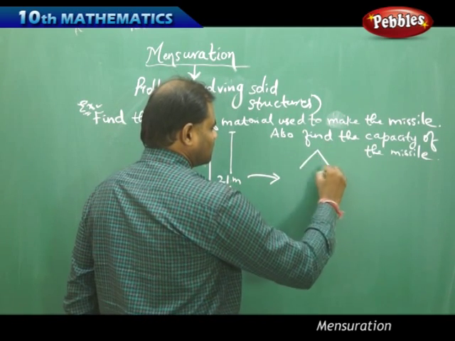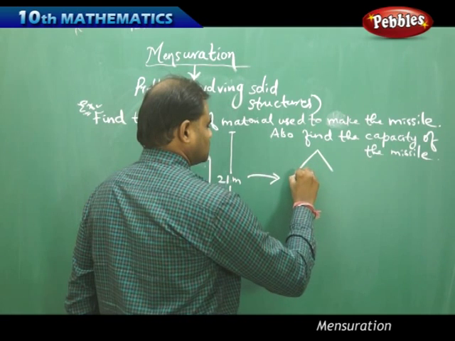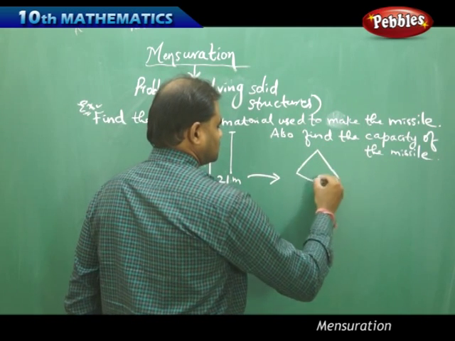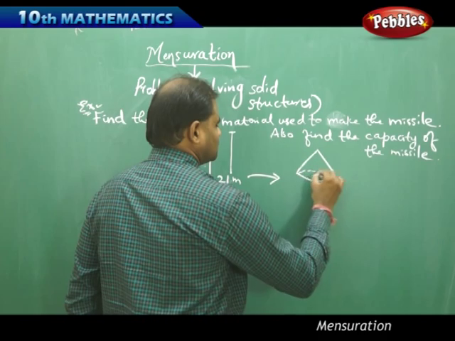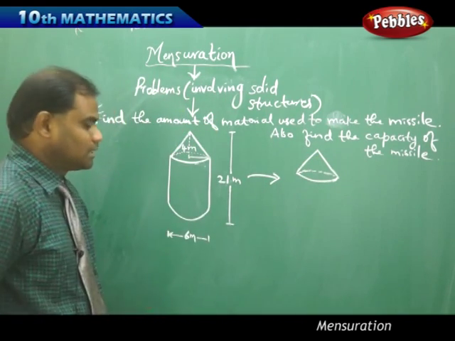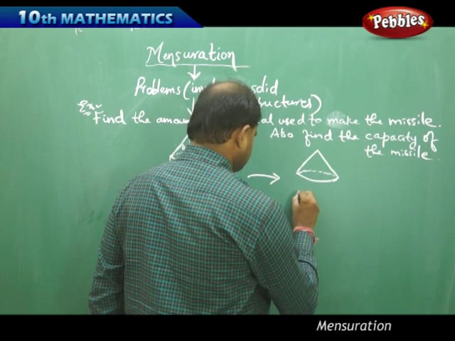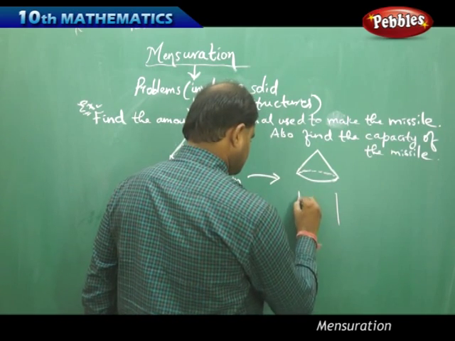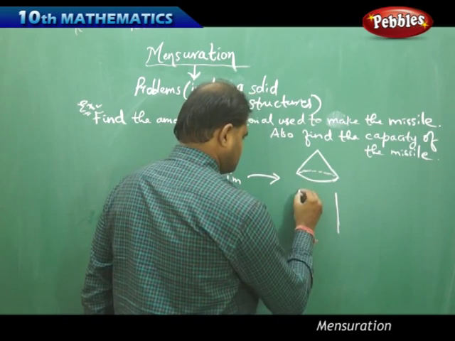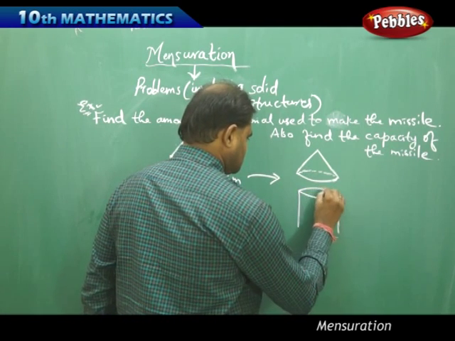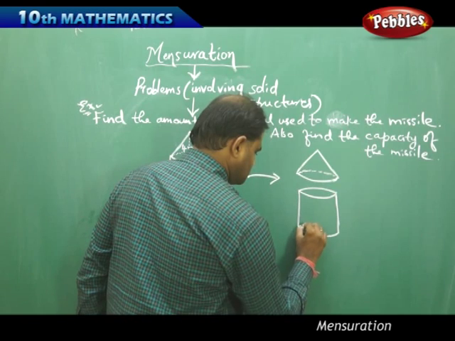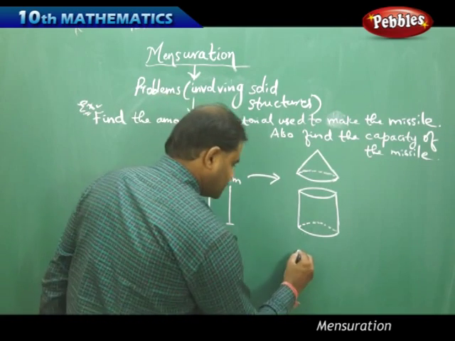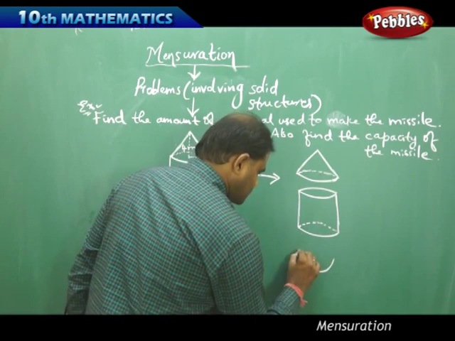Initially I get a cone, this is the cone, and next I get a cylinder, and finally I get the bottom part, which is a hemisphere.